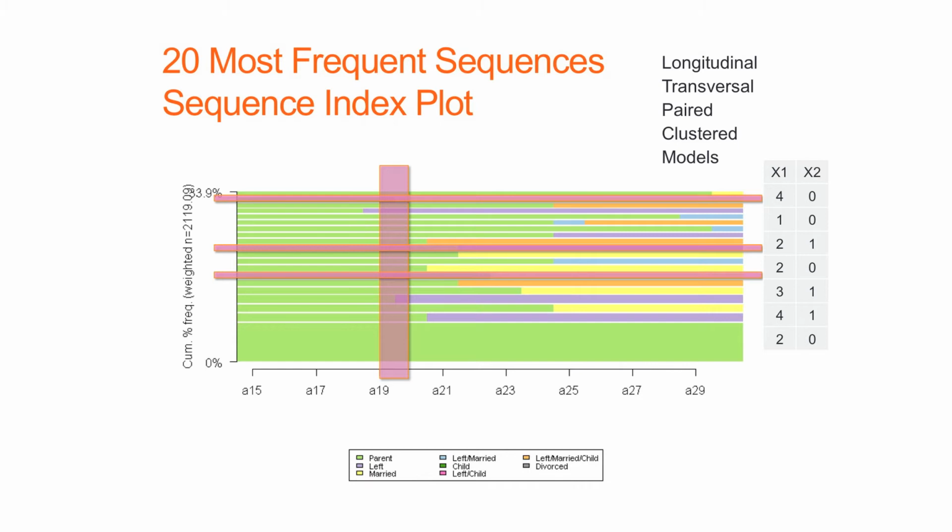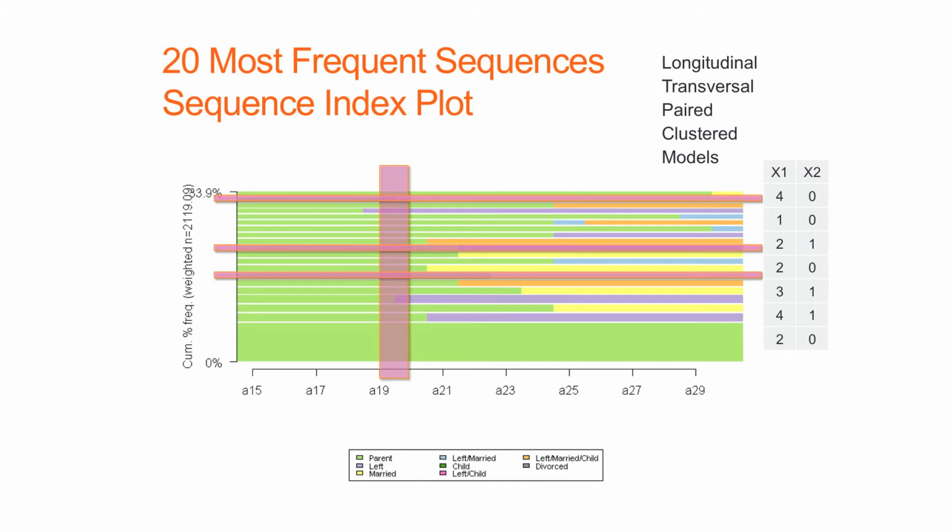One is the ordering of the states. One is the presence of the states, like green then yellow. Another one would be the timing, so doing it at age 20 versus age 25 could be considered similar or different. We'll get to that later on.